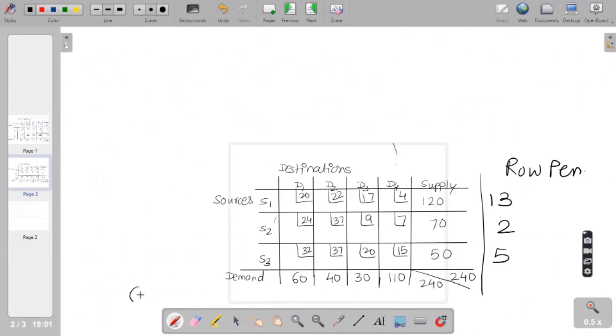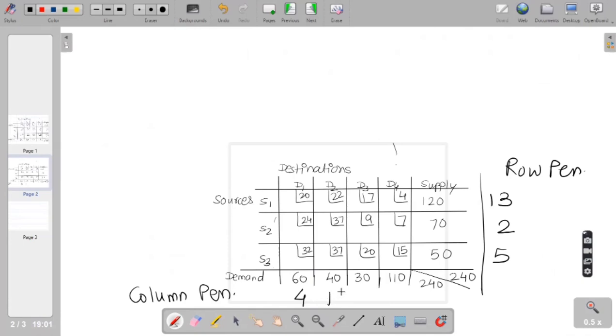Similarly, we will calculate all the column penalties. Okay. Now, in the first column, the smallest transportation cost is 20 and the next smallest transportation cost is 24. So the difference is 4. Next column, for destination 2, the smallest cost is 22 and the next smallest cost is 37.